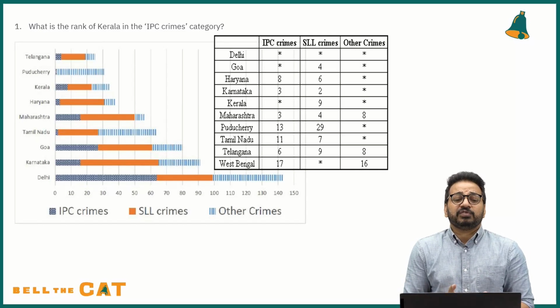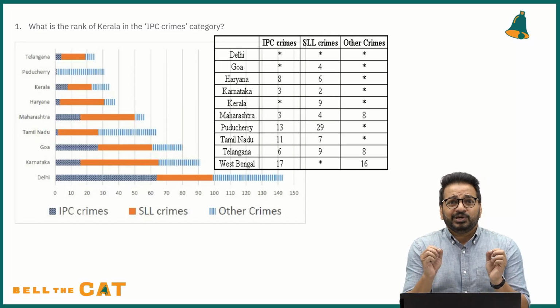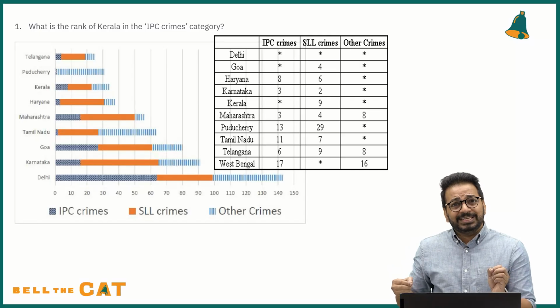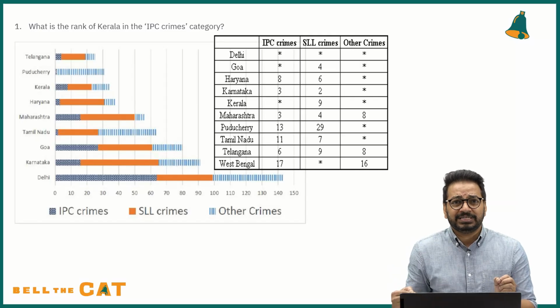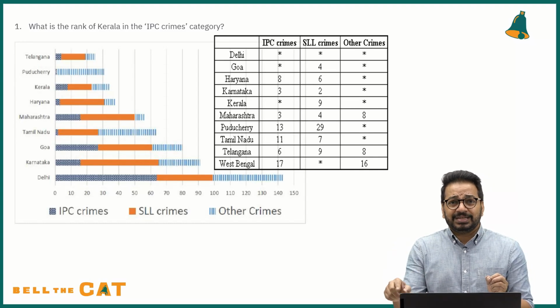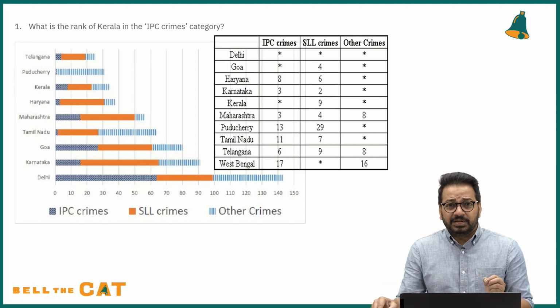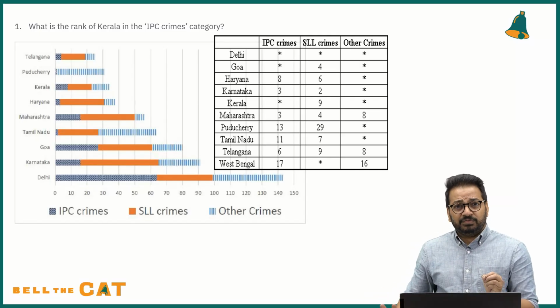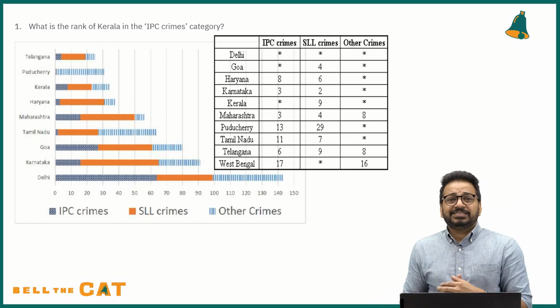So, what is the rank of Kerala in the IPC category? 5. Now, for this, would I have written anything down? Do I need to write anything down? No. But maybe on my paper, for some other question, I would write that in IPC, Delhi 1, Goa 2, Karnataka 3, Maharashtra 3 and Kerala 5. Why is the rank 5?